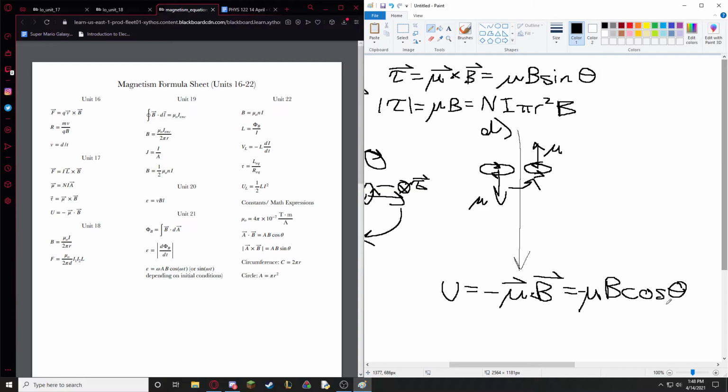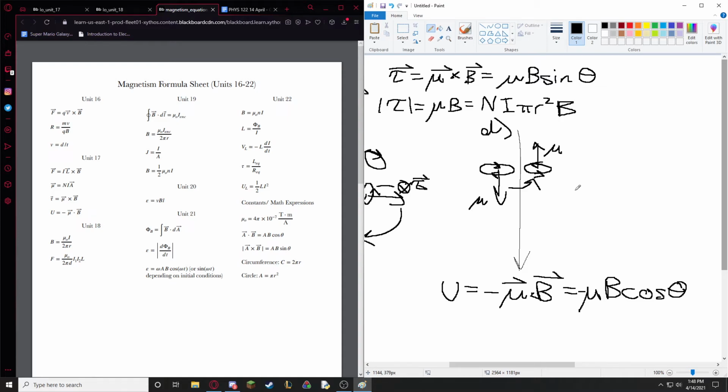So, how do we actually find the total work done if we know our potential energy at any point? Just multiply by a negative, I guess. Not necessarily. Because we're going from the bottom all the way to the top, right? Oh, we're going from the bottom to the top.